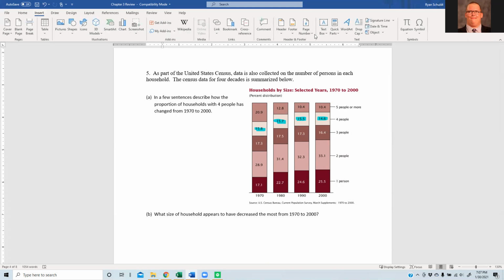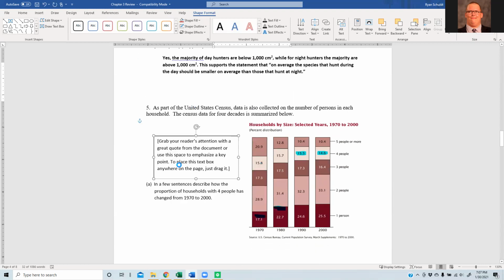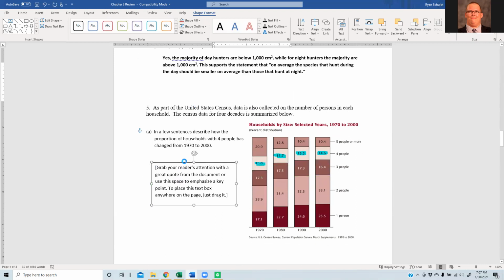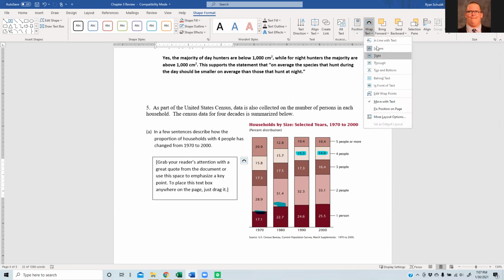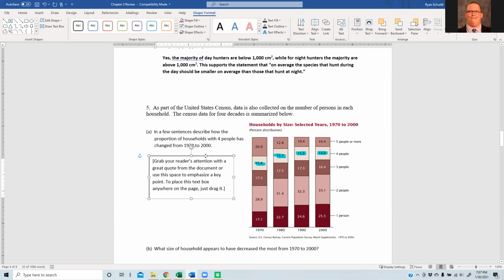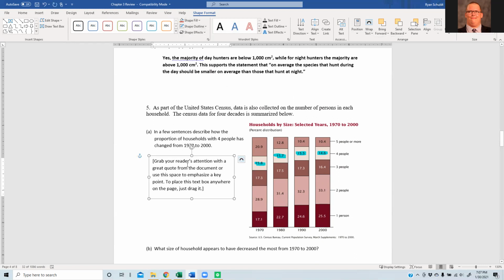So let's say that. Now I don't want a text box there. I want it down here. Okay, come on. Work nice for me. Well, that's what we're going to say.